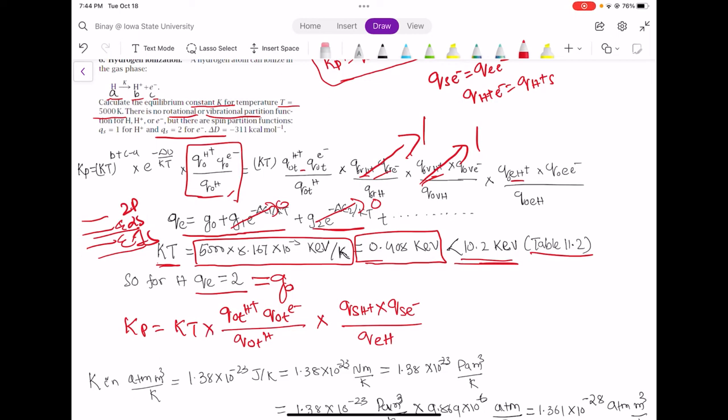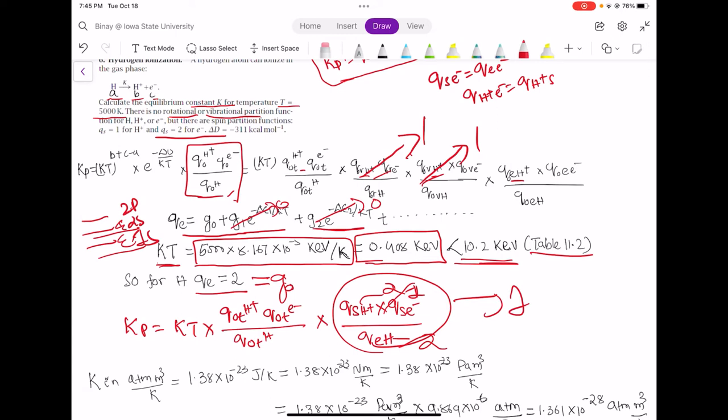Now just substitute the values from this equation. We know this thing is 2, it's already given as 2, and this is 1, so this whole thing gets cancelled out and makes it 1.